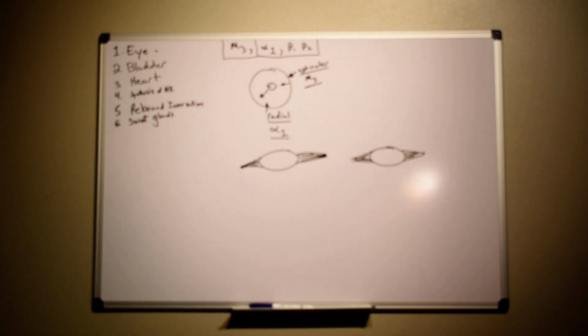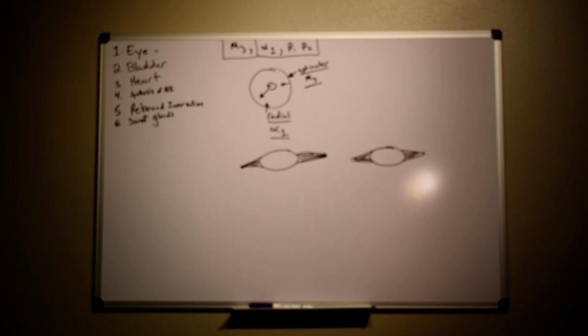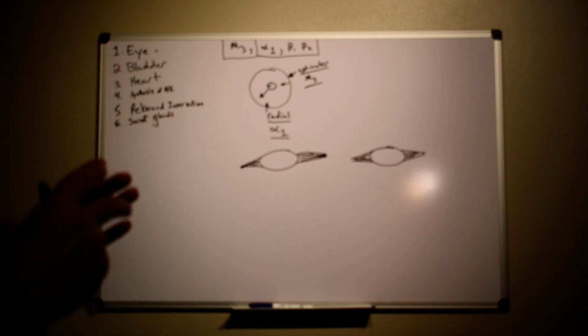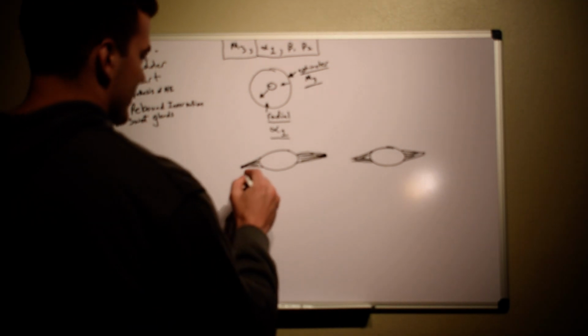I'm sorry that you guys have to watch my shitty drawing. So what are we going to do with the lens? Well, in essence we're going to be able to see either close up or far away based on what we do with what are called ciliary muscles.